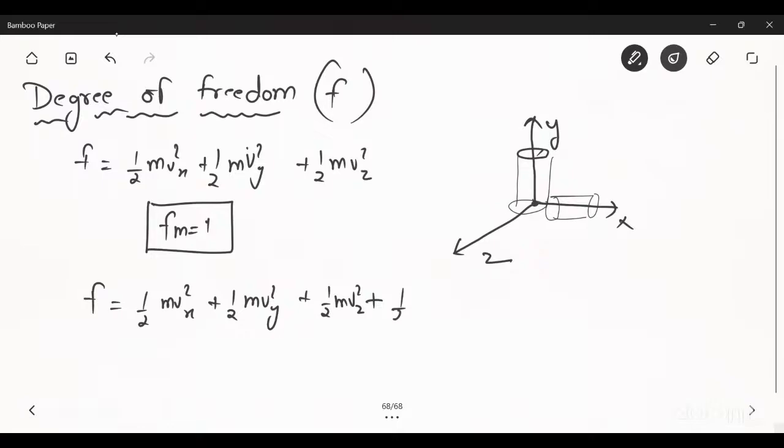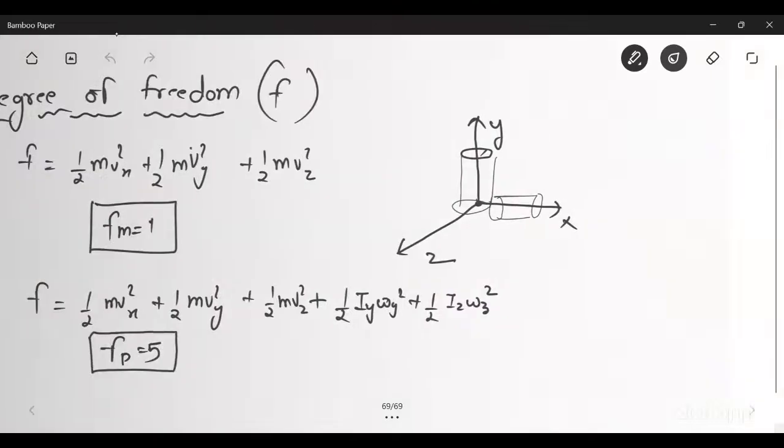So they have two more rotational kinetic energy terms, half I y omega y square plus half I z omega z square. This is the relation of kinetic energy in terms of moment of inertia and angular velocity. So a diatomic molecule has 5 degrees of freedom.